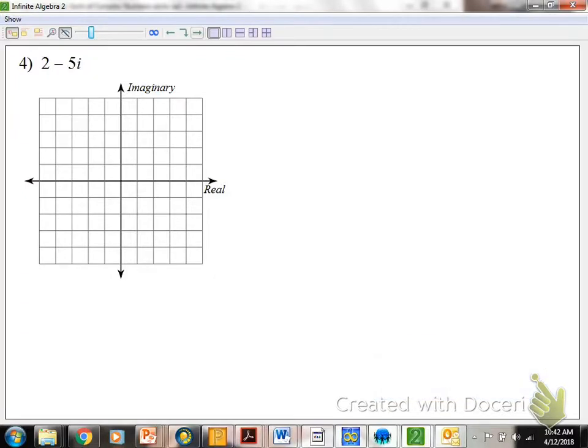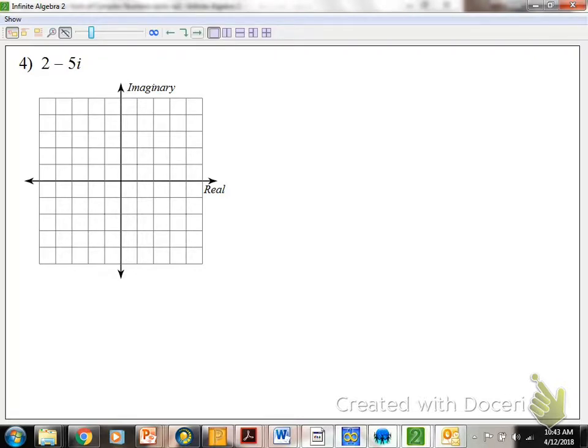We need the radius of the number, which is the absolute value, and we need the angle of the complex number. Okay.